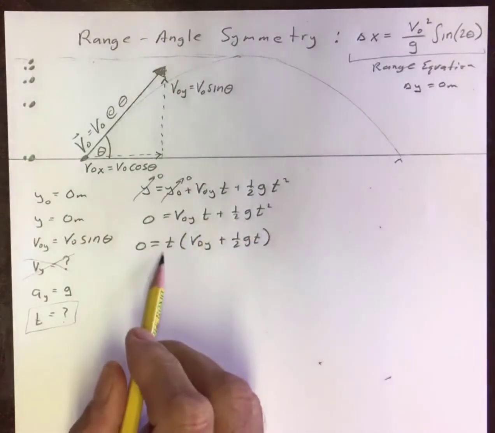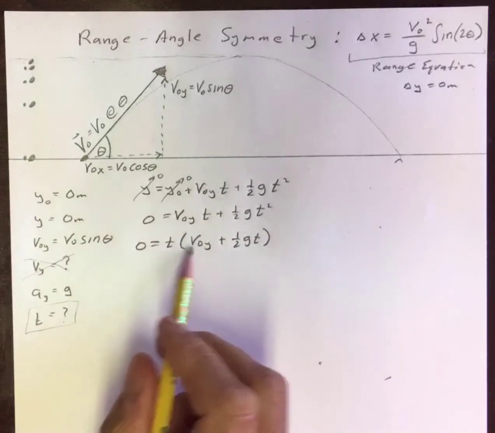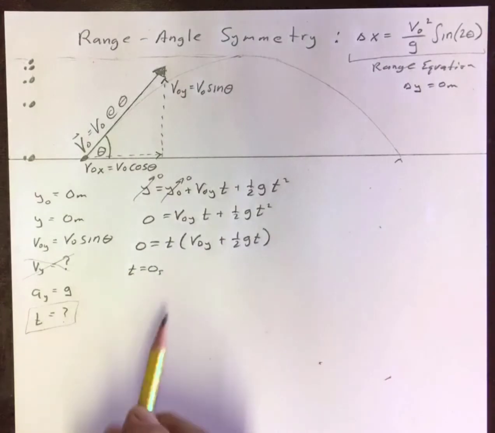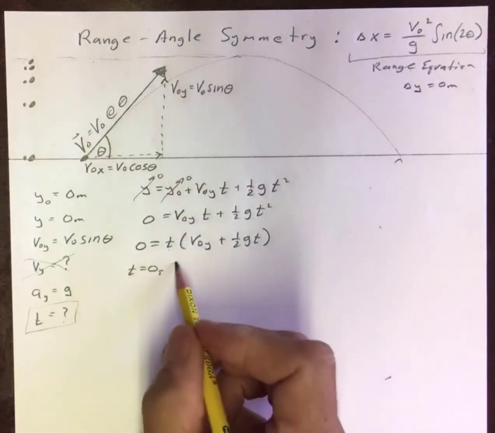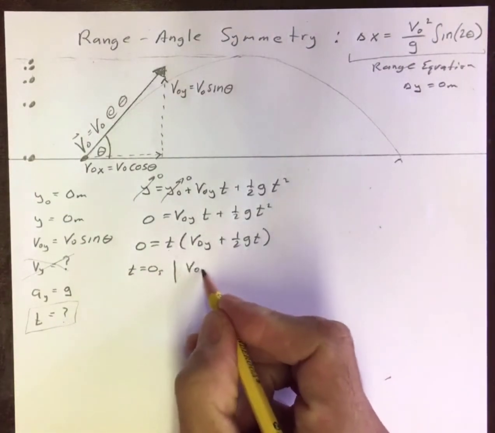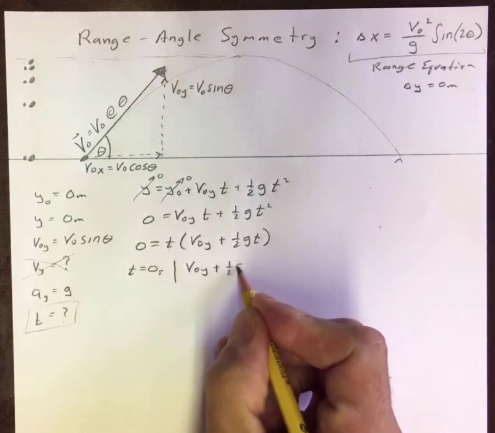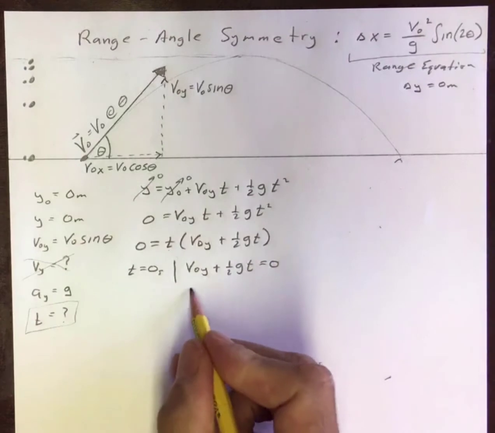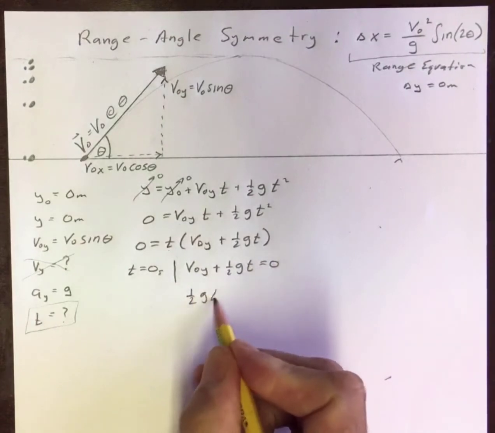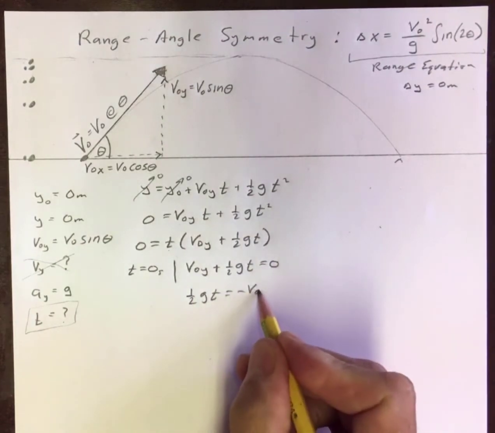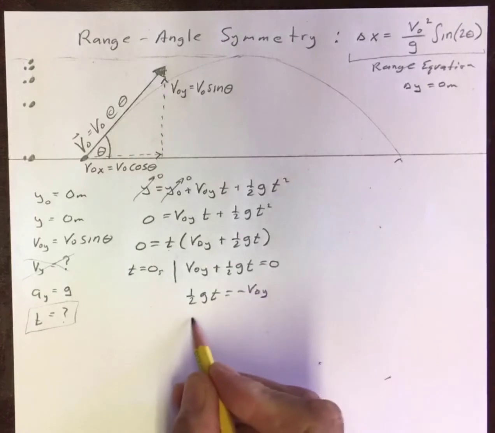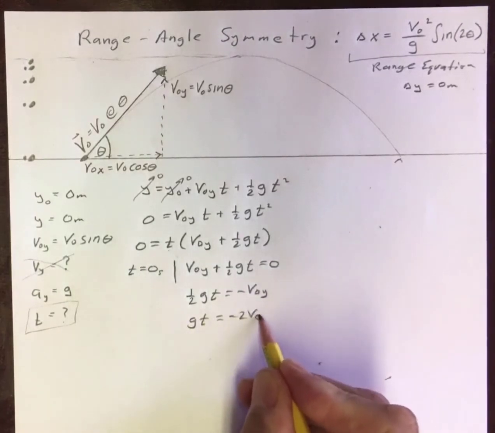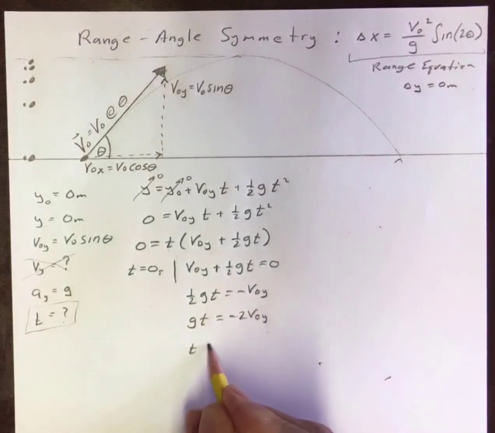and then in order for these two factors to equal 0, one of the factors has to equal 0, like this first one here, or the second factor has to equal 0. And so I'm going to take 1/2 gt, subtract off v naught y, multiply by 2, and then divide by g.